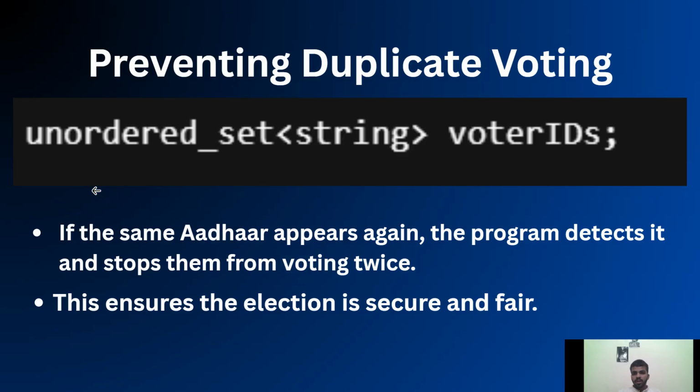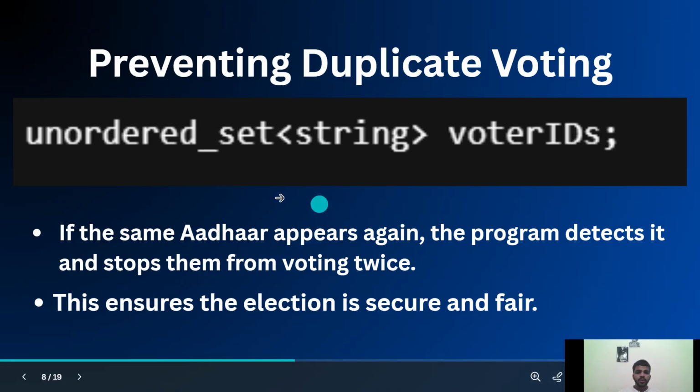The unordered_set library is used to find twice voting and stop it. The unordered_set is given the name voterIDs. It finds the same Aadhaar number appearing again and stops them from voting twice. This ensures the election is secure and fair.